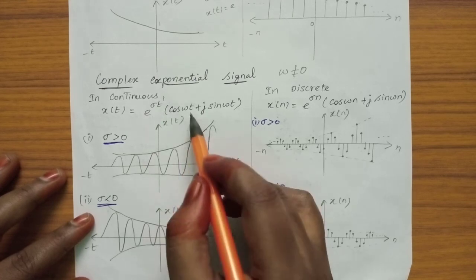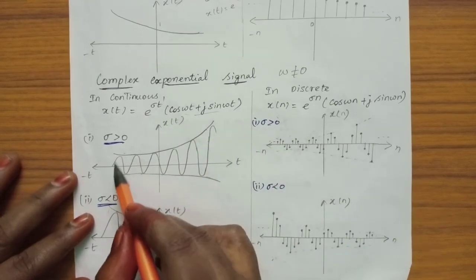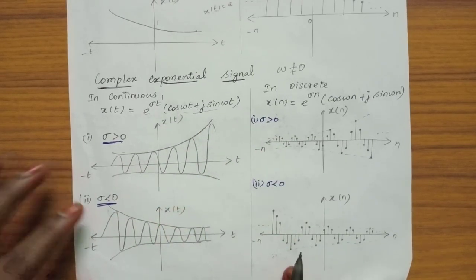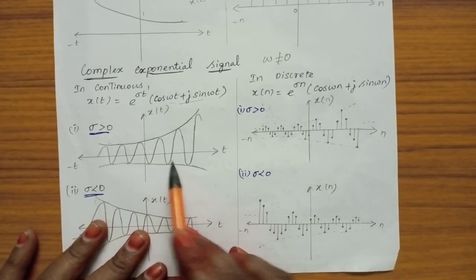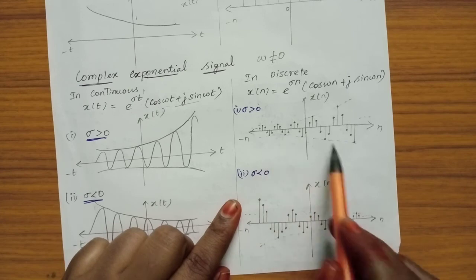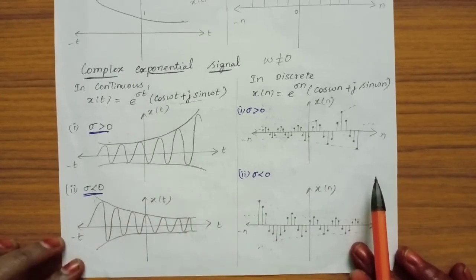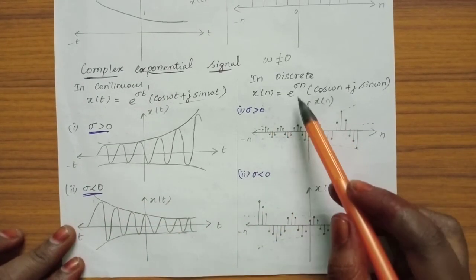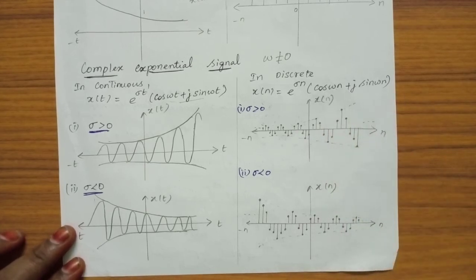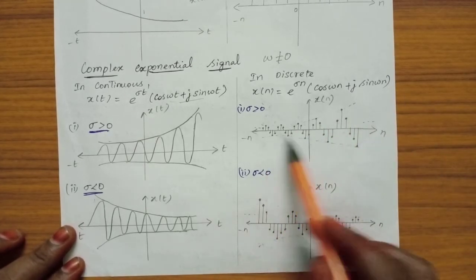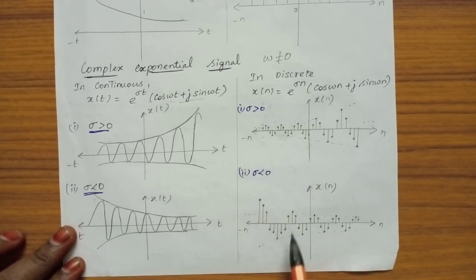Since it has sinusoidal functions, here we have sinusoidal signals. The same signal I am representing in terms of samples: x of n equal to e power sigma n times cos omega n plus j sin omega n. This is for growing exponential with sigma greater than 0, and here sigma less than 0 is decaying exponential.